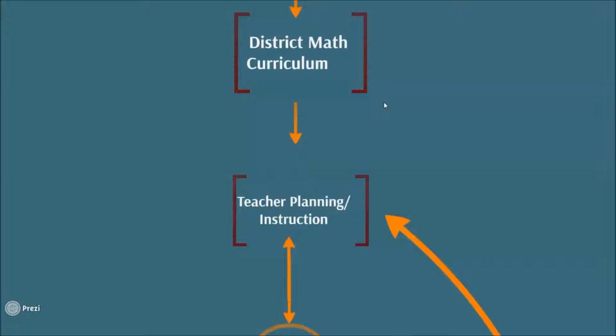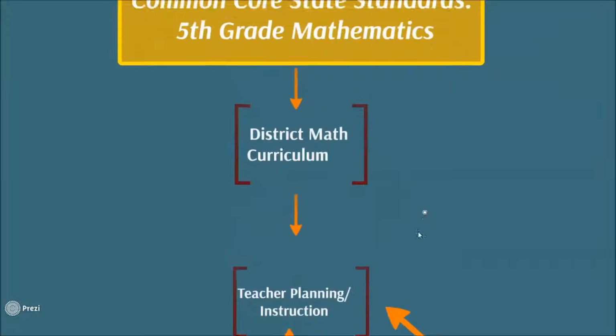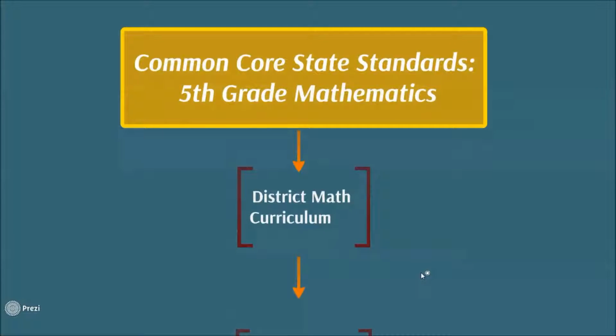I decide on what standards I think are the most important, and then I plan from there using the curriculum. I don't follow the curriculum directly in the order that the math book has it set up. I switched it again based off of these Common Core state standards.